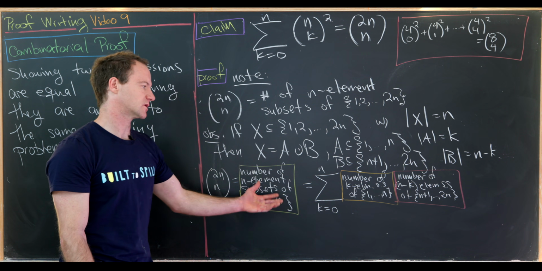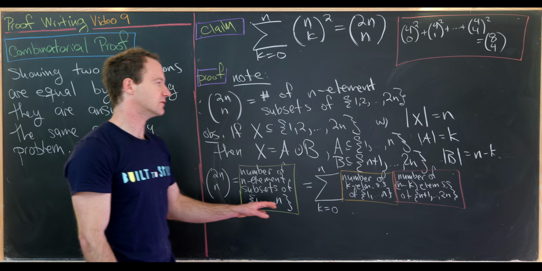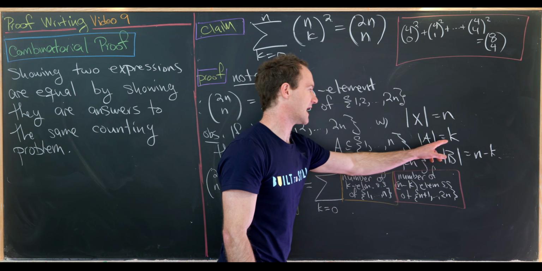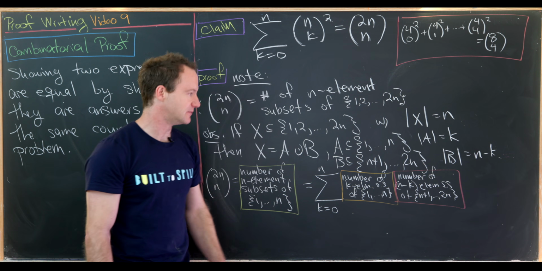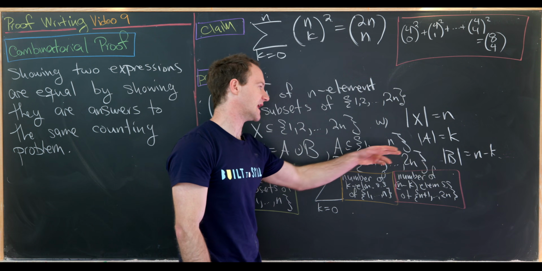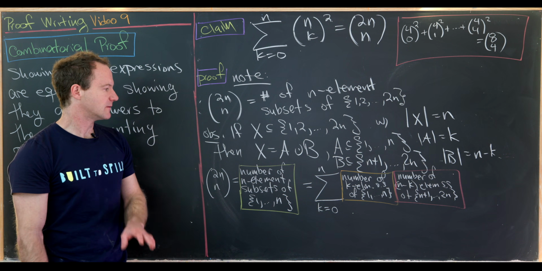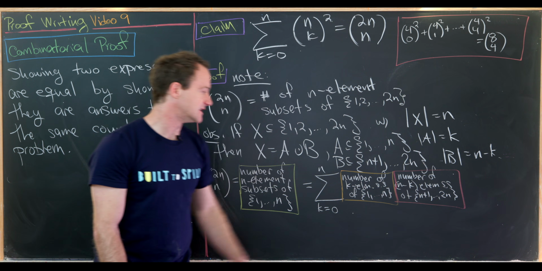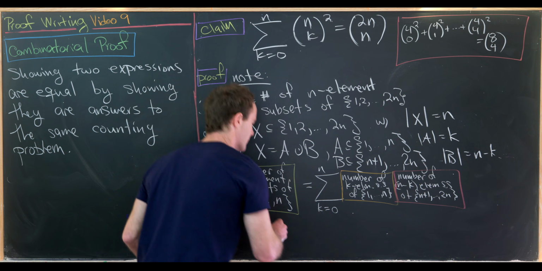Great, and then of course we're taking a sum here by the sum principle. So we would sum over where we had a 0 element subset A and an n element subset B, all the way up to having an n element subset A and a 0 element subset B. Okay, but now we can count each of these orange and red boxes using the definition of the binomial coefficient.